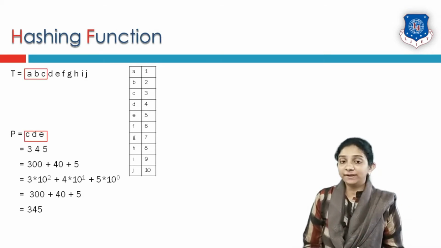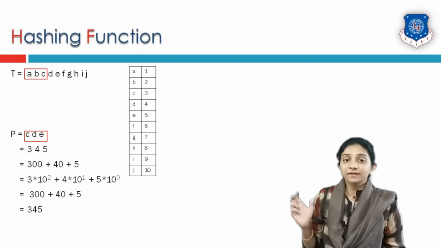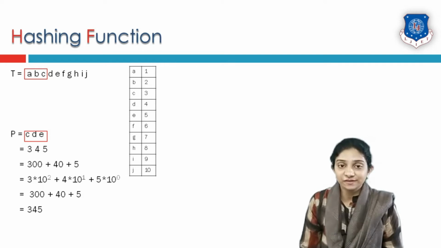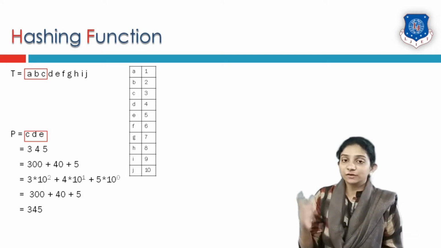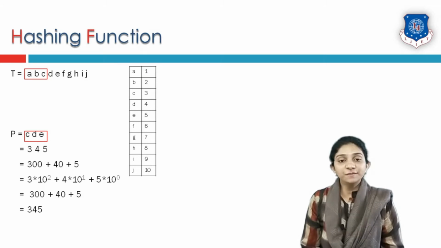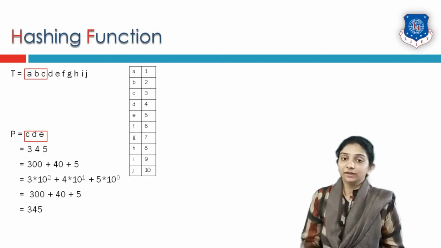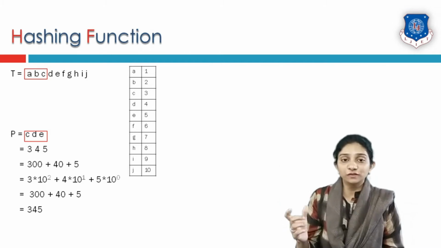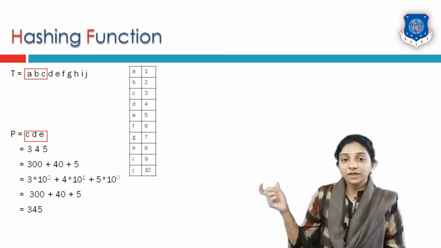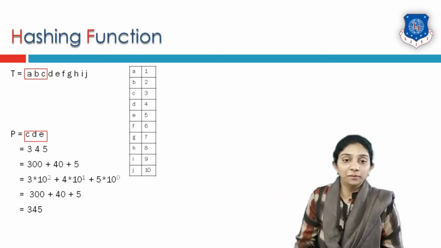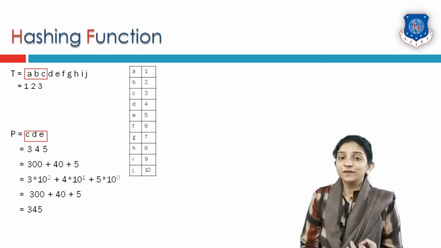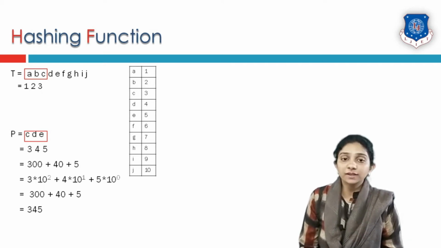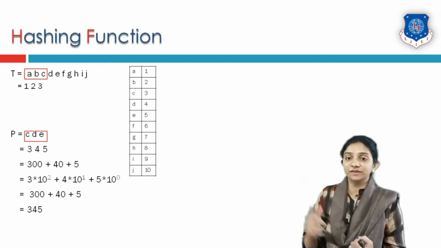In a similar way, if my pattern is of size 3, then I must match with a window in text of the same size, that is equal to 3. So here the size of the window must be 3. Now in order to match the pattern with text, I need to also convert text from given code to equivalent numeric value. So equivalent code of 3 different characters is 1, 2 and 3 as per this table.